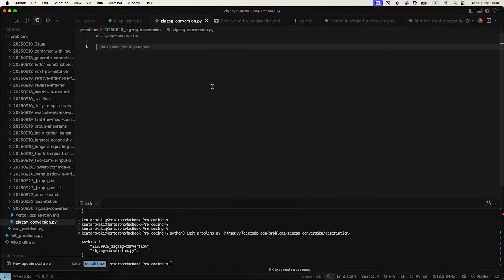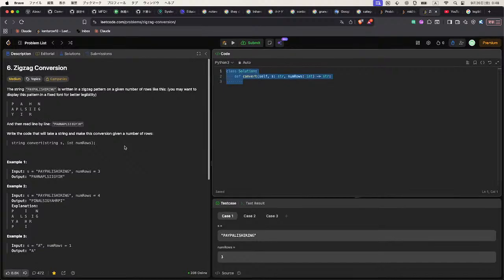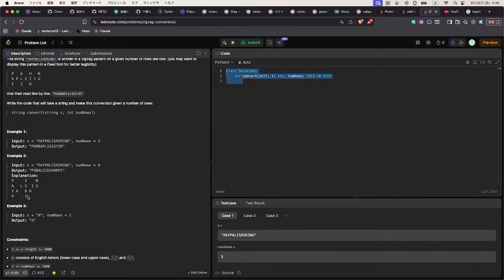Create a file. PAYPALISHIRING. Okay, so zigzag means like this.